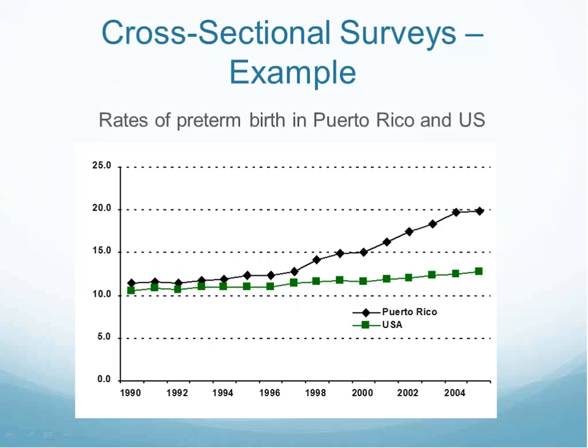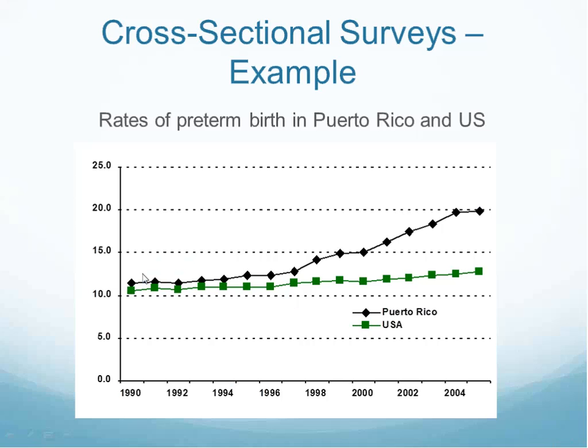If you were to take just a single location in a single year, that's a cross-sectional survey. But when you compile multiple annual surveys, you start to get a longitudinal picture, which can be very informative. So in this case, for example, in 2005, we can tell that the rates of preterm birth almost doubled in Puerto Rico by using this cross-sectional approach.